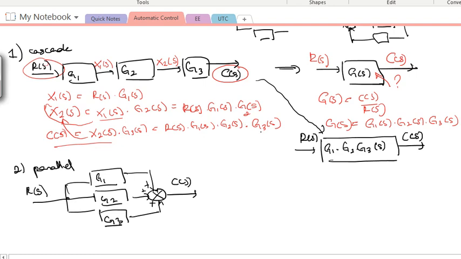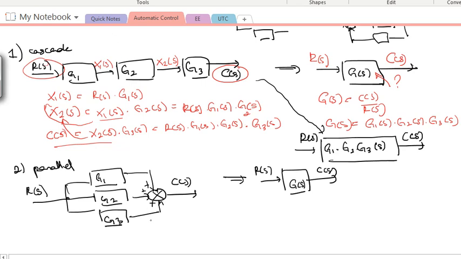So again, how do we transform this into one single transfer function where you have the same input RS and the same output CS? What is GS equal to if the system is basically something in parallel? In order to study that, as usual, we have to identify the signals and study the signals one by one.